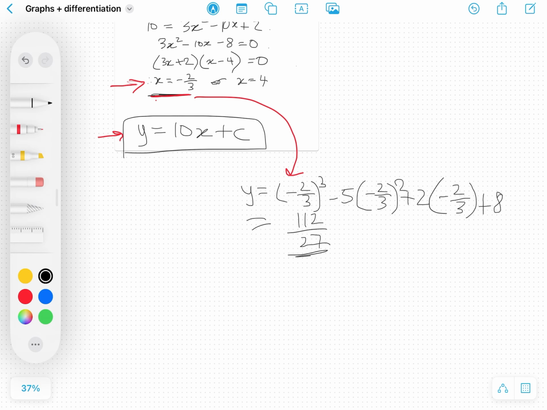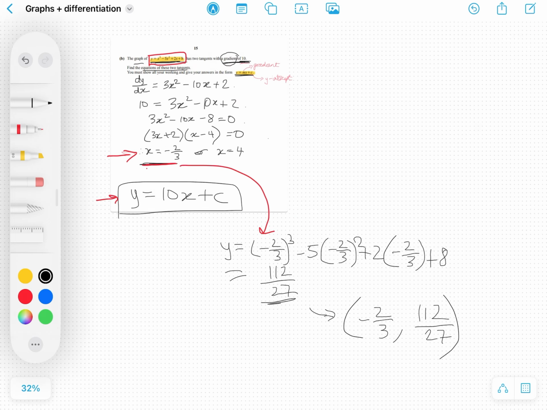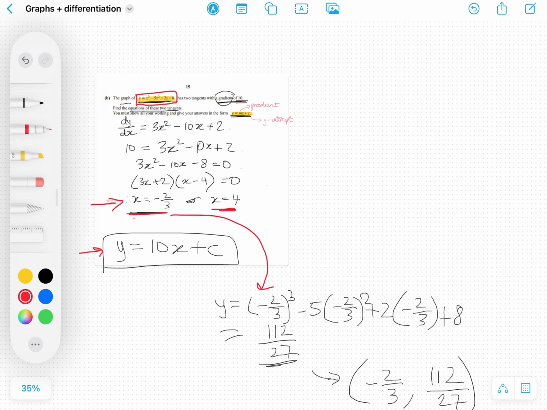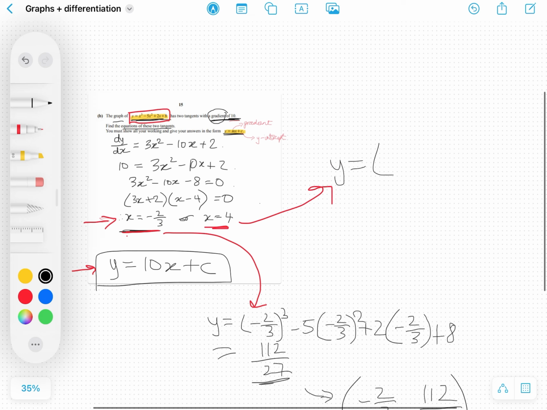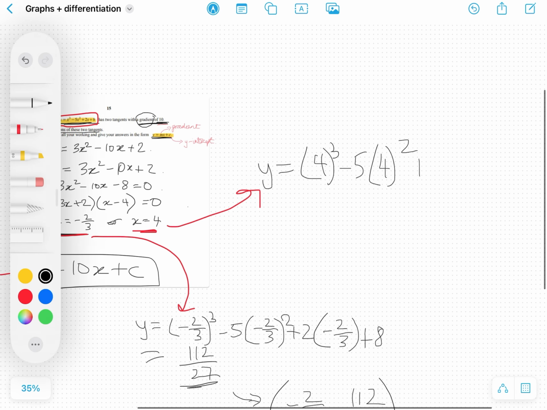So from this information, we have one coordinate of the point where the gradient is 10. That is negative 2 over 3 and 112 over 27. Now we have to do the same thing for x equals 4. Substitute it back into the original equation. So y is equal to 4 cubed minus 5 times 4 squared plus 2 times 4 plus 8.